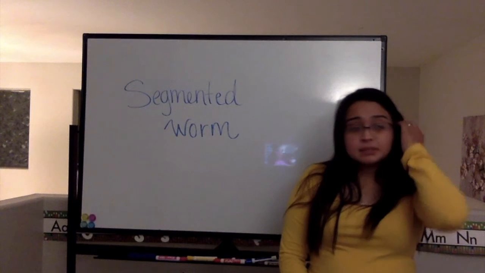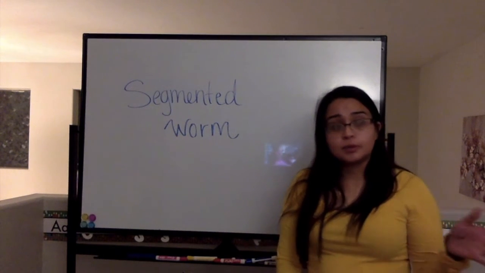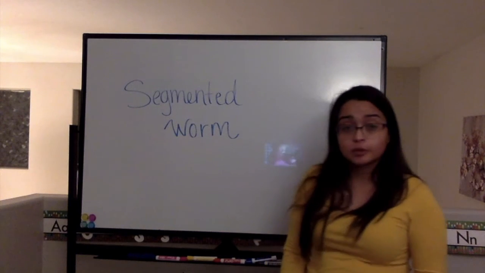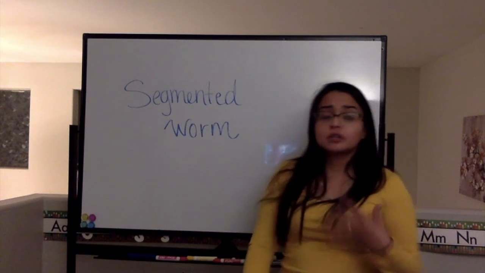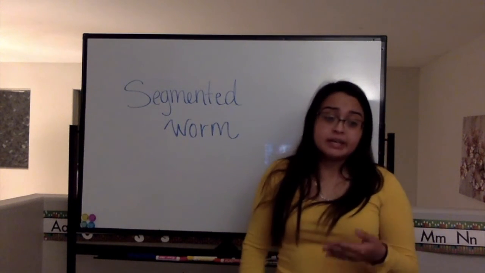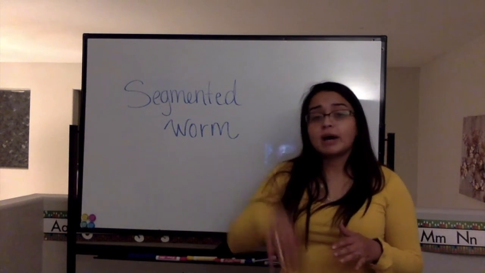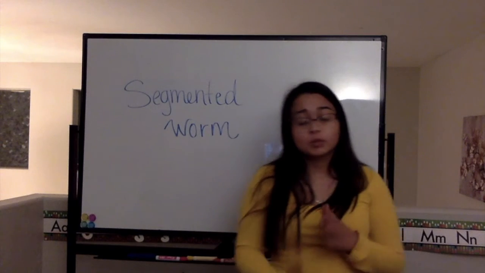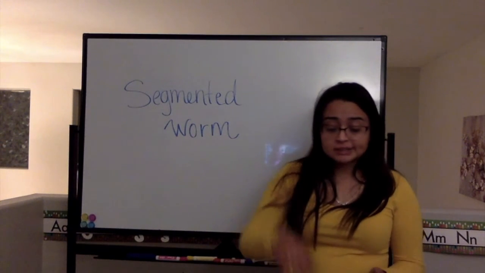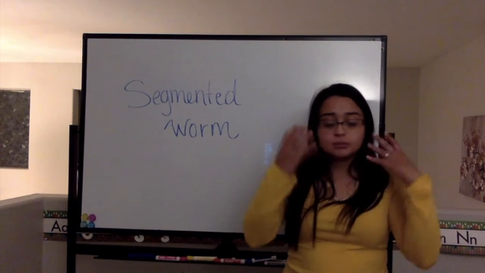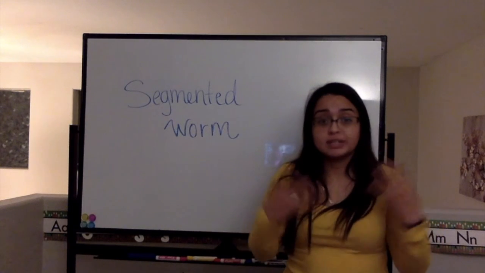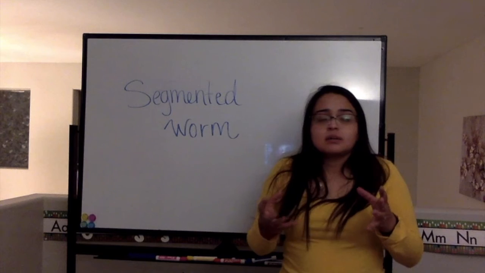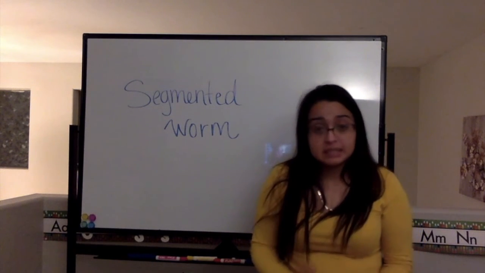Now, a segmented worm, like I mentioned before, our most well-known segmented worm is actually the earthworm. And how the earthworm feeds itself is it feeds itself while it's moving through the soil. So you know these worms live in the soil. So as it's moving, it's just pretty much swallowing soil through its mouth. But it's not getting the nutrients and food it needs from the soil.